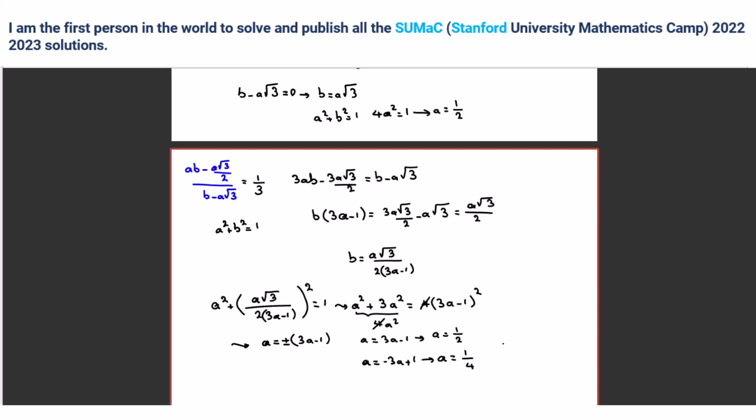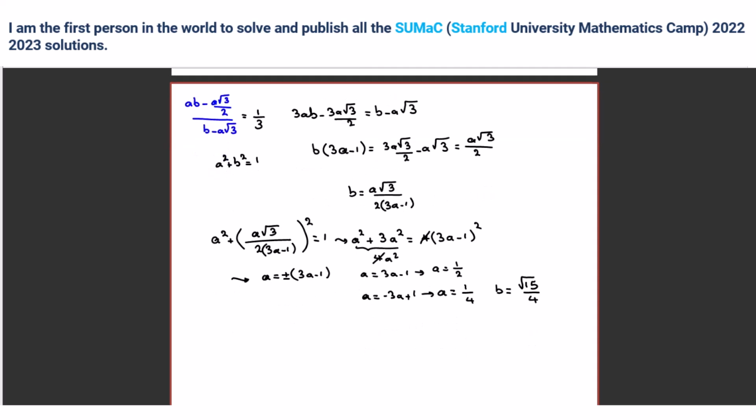A is equal to 1/4, seems 16 root 15 over 4, right? So we can plug in and check. In the end, we will check it to make sure not to make any careless mistake.